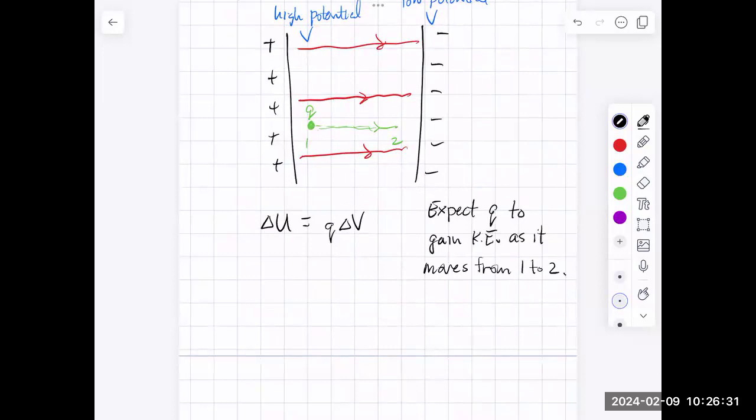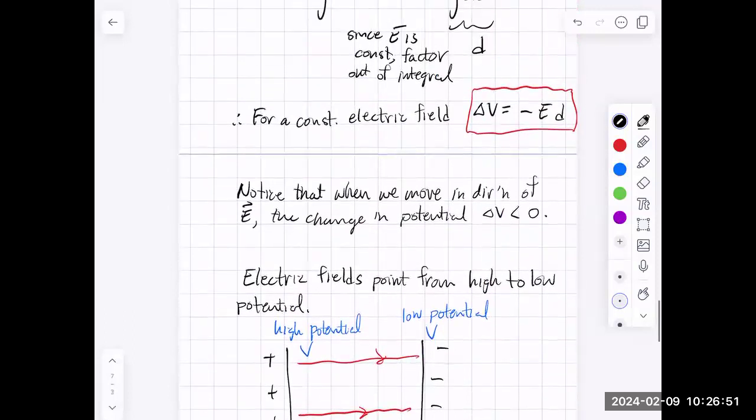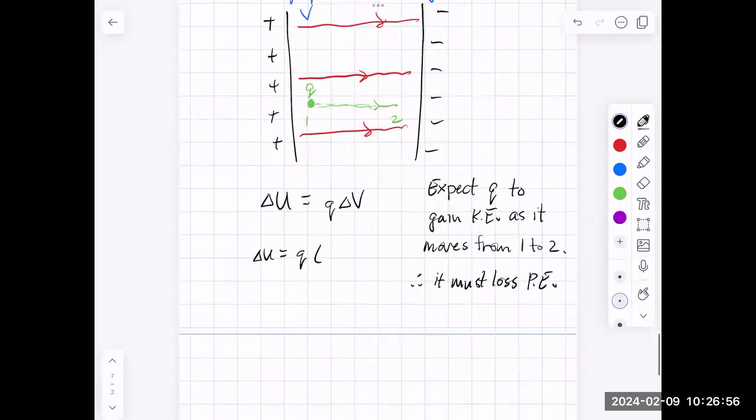If it's gaining kinetic energy, it must be losing potential energy because energy is conserved. So therefore, it must lose potential energy. And so delta U is Q times delta V. We calculated delta V, it's minus E times d.